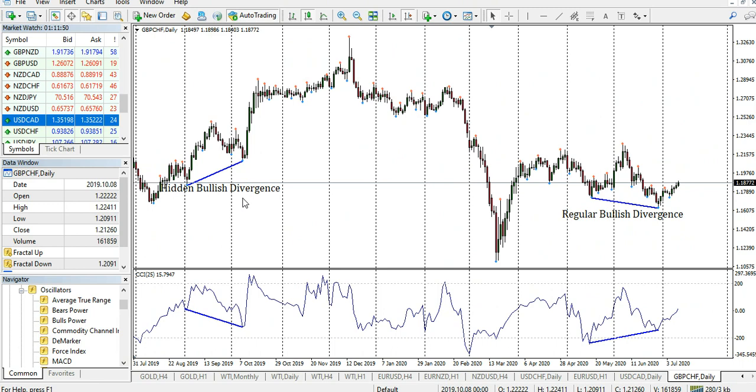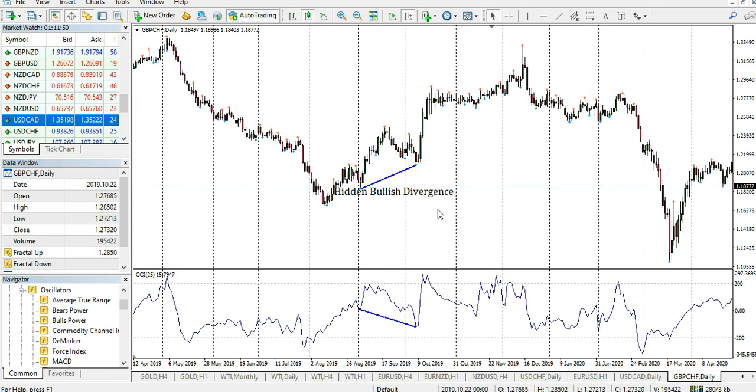Now, regular divergence is when you're looking for a reversal, and that is when price, on the price chart, is making lower lows. The momentum indicator is making higher lows, so you're looking for a reversal.